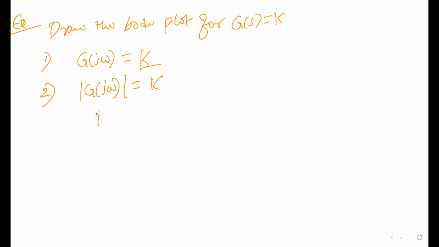So what is the magnitude in dBs? 20 log k. No need to mention base 10 every time. I mentioned base 10 the first time only to say it is not the natural logarithm. Right, 20 log k.